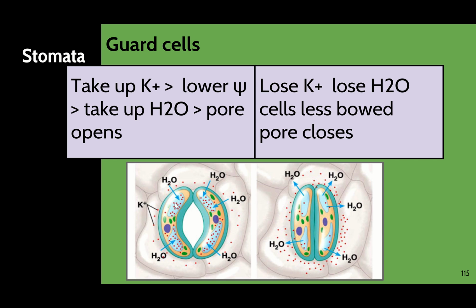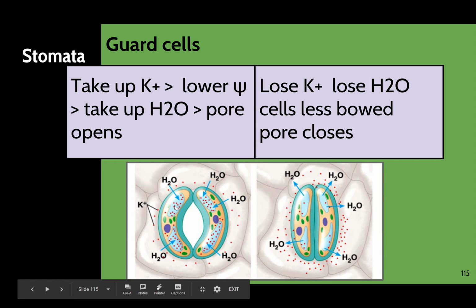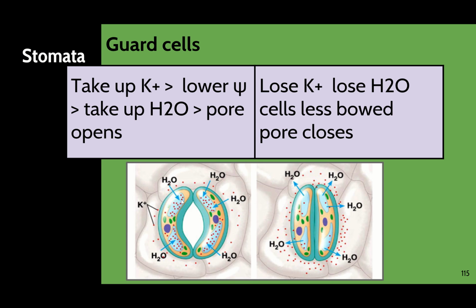Decrease the solute potential, not the concentration. Decrease the solute potential, so it's going to decrease the water potential. So water is going to go from an area of high water potential to an area of low water potential, and so water is going to rush into the stomata to an area of lower water potential.